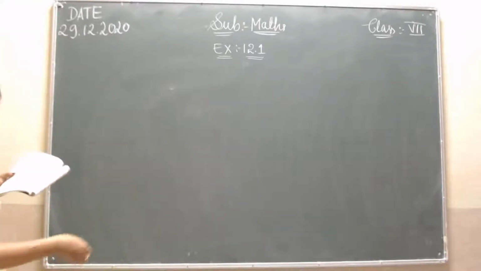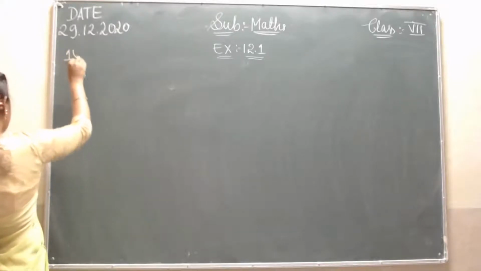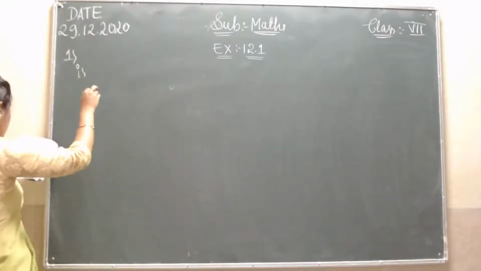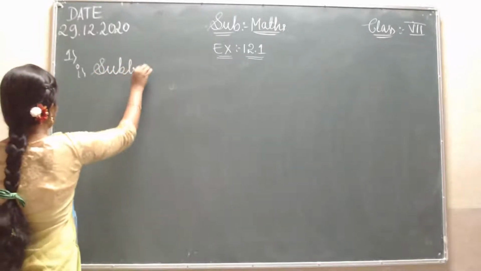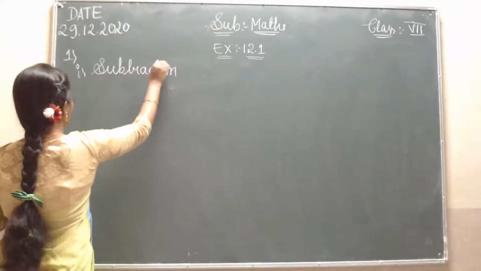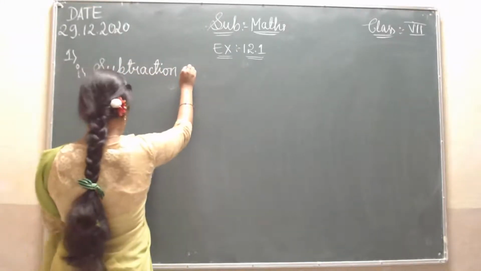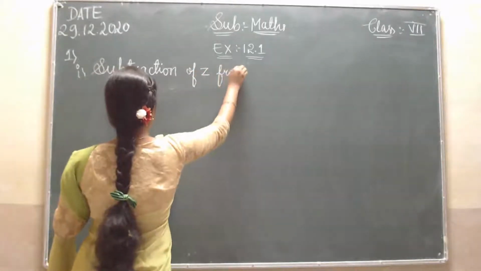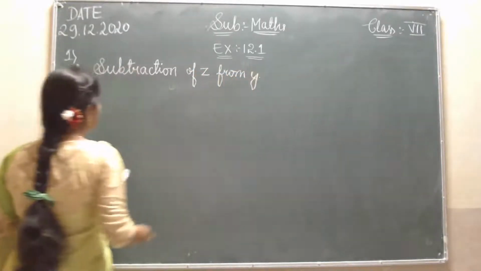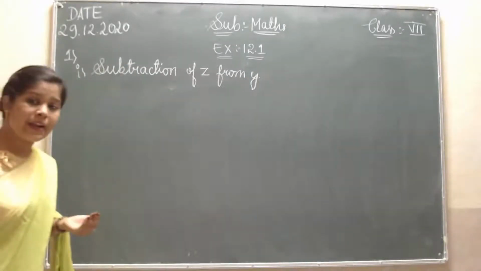The first one is subtraction of z from y. Subtraction of z from y means from y we are subtracting z.